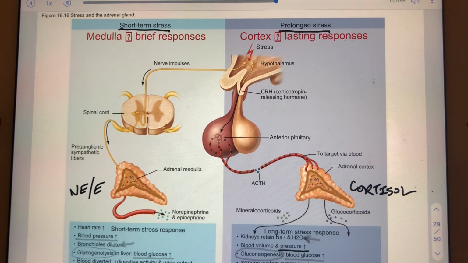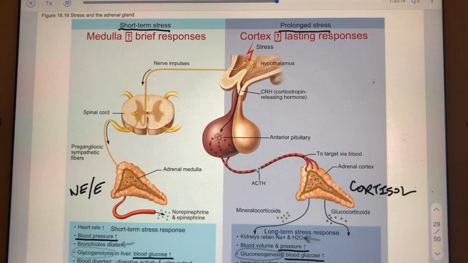Cortisol increases blood pressure. Medullary hormones increase blood pressure. Cortisol increases blood glucose levels. Medullary hormones increase blood glucose levels.